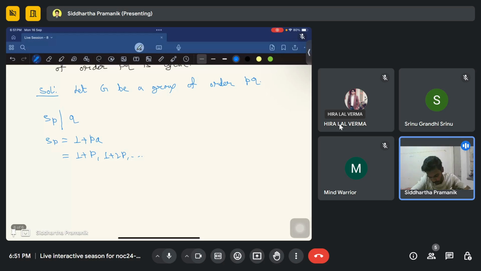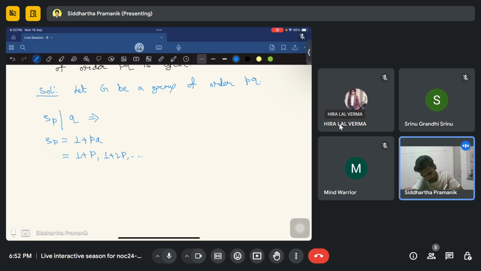So what can you say about s_p from here? First of all, s_p divides q, and q is a prime number.